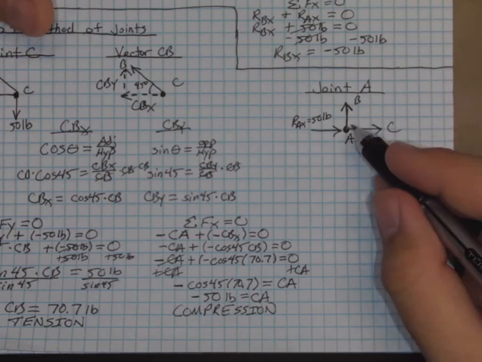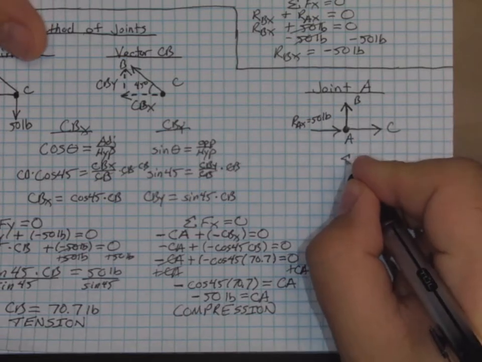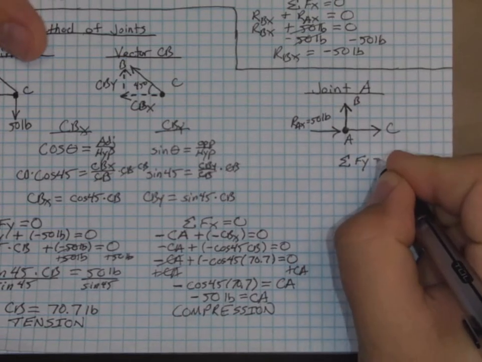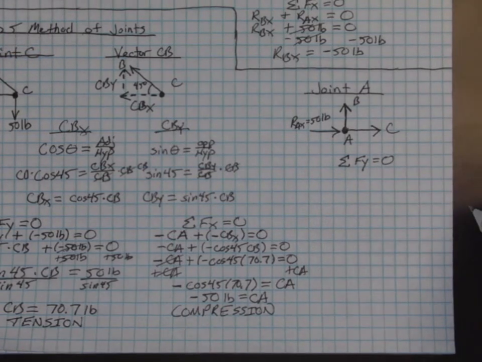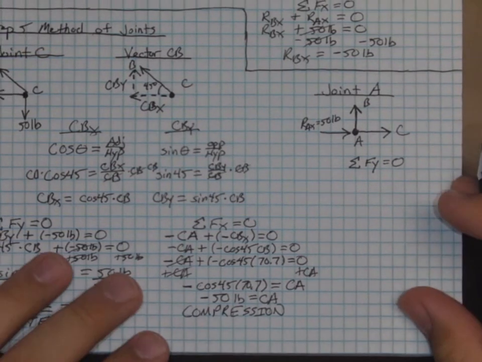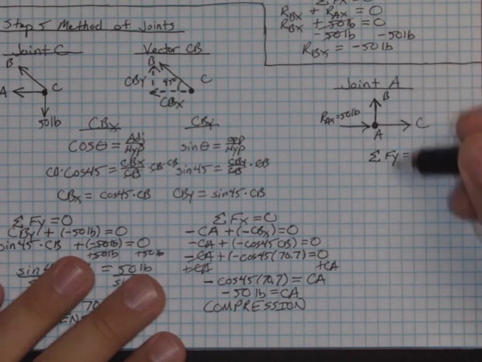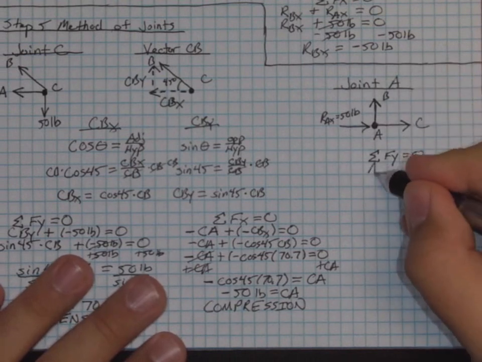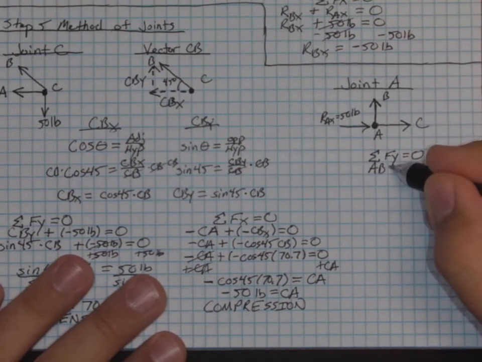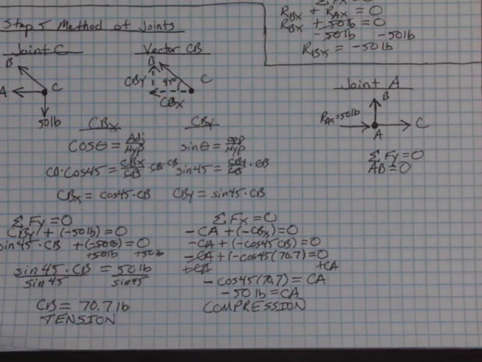Okay, here I need to know what AB is. So since that's a y direction force, I'm going to say the sum of the forces in the y direction add up to equal 0. When I do that, I'm going to look at what y direction forces I have. The only one that I have is AB. So if all those forces add up to equal 0, and that's the only one there, then that must mean that it's equal to 0.